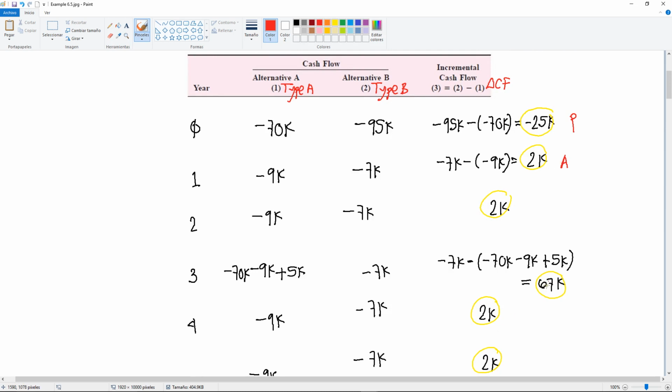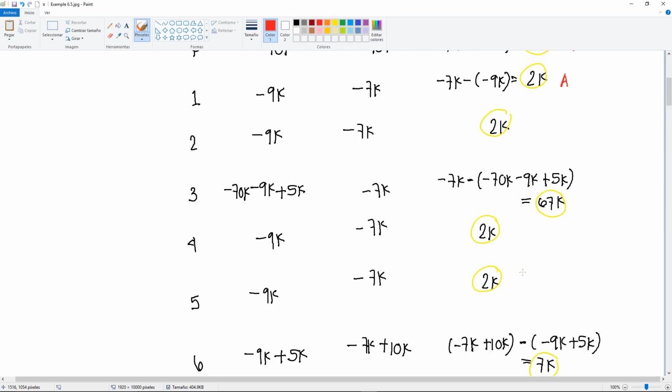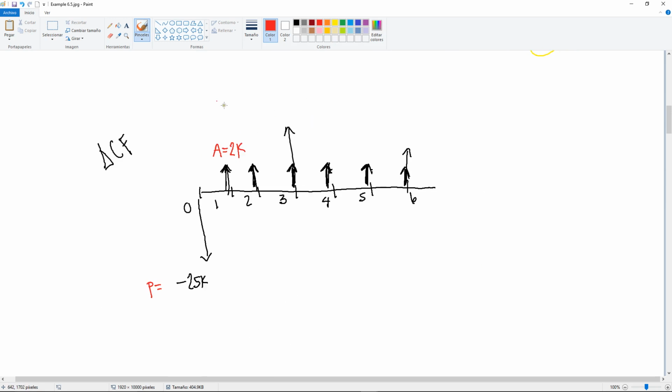But what happens to the 67,000 in year 3? You're going to break it down into 2 parts. What's 67,000? It's going to be the 2000 for the A plus another 65,000. This one right here, we said it's the A. So what's left? What do you think this is going to be?